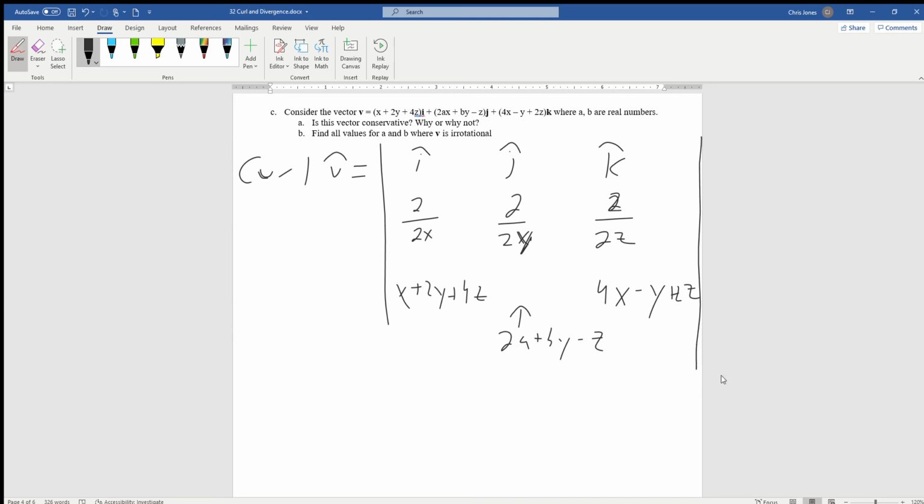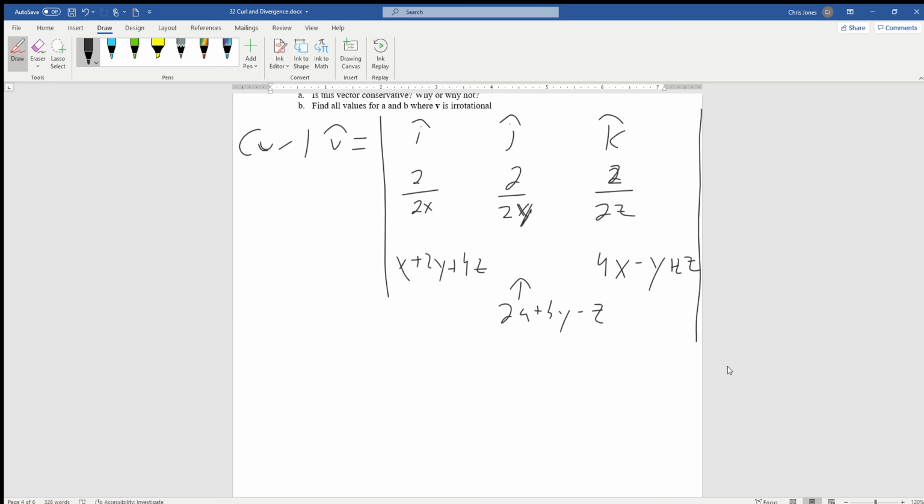Now let's go through really quickly and find the curl this time because we've already done it several times. We're going to cover up i. So we're multiplying down and then multiplying up, and that's going to give us our i. So that's going to be negative 1. And then if we multiply up, that's going to be another negative 1. So negative 1 minus a negative 1 of i.